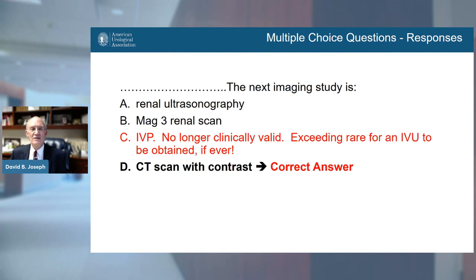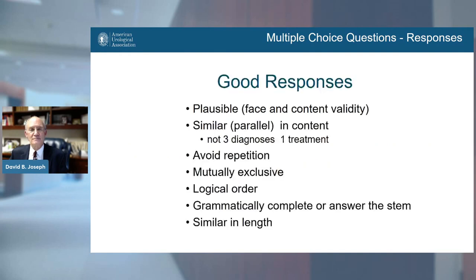So you want to make sure that all of your distractors are plausible and legitimate, because if they're not, the smart learner will completely remove it from their thought process. So good responses are all plausible. They have face and content validity.